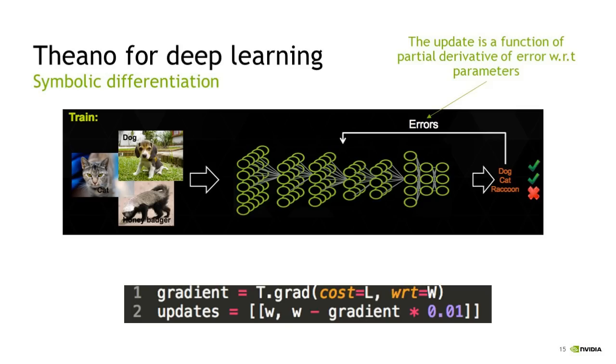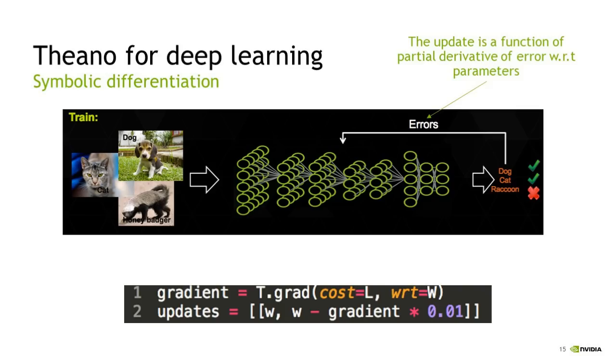So here at the bottom we are calling our error our cost in Theano syntax. So our cost is this value L. We want to differentiate it with respect to W, which might be one of the weight matrices that defines the links between one layer of the network and another. And all we have to do is invoke this T.grad function to get that partial derivative back as this gradient variable.